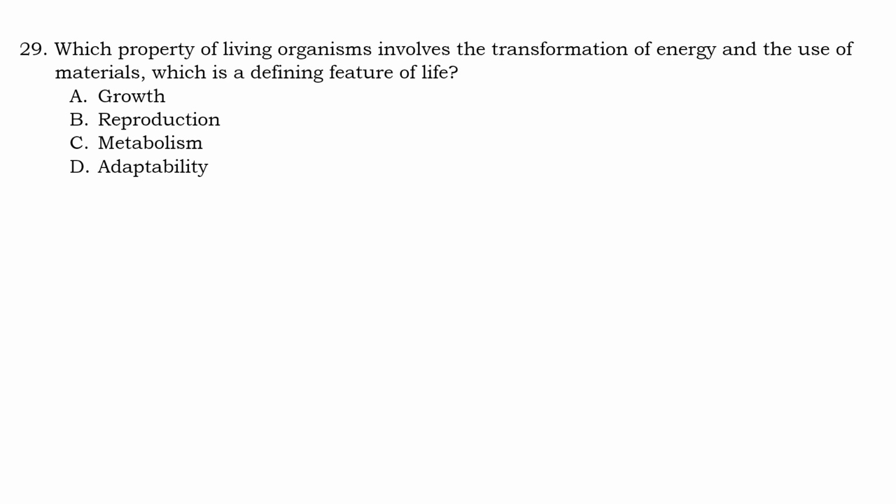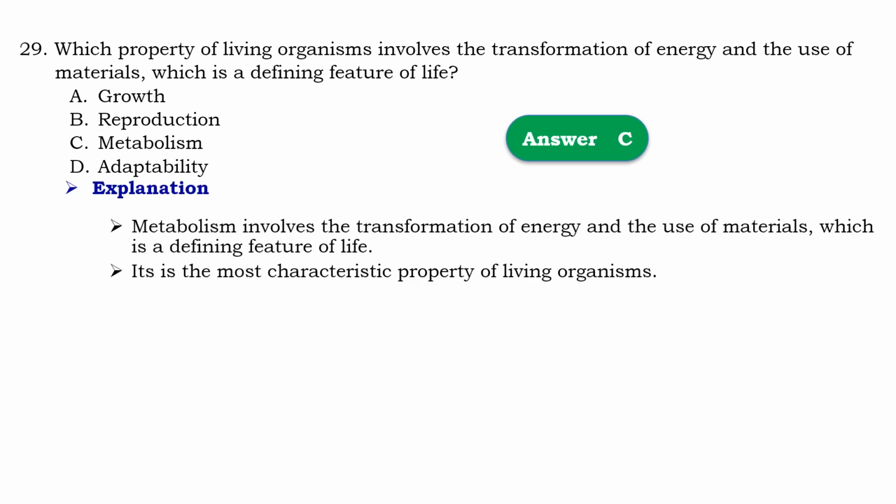Question number 29. Which property of living organisms involved the transformation of energy and the most use of materials which is defining the feature of life? ከመከተሉት ህይወት አላቸው property of living thing ነው ወይ ደግሞ ህይወት ካሉት ባህሪያት አንዱ ሆኖ ኢነርጂ የሚያመርትና የተለያዩ ማቴሪያሎችን ተጠቅመው ህይወት ከሚፈልጉ ሴሎች ወደ የሚፈልጉ የሚቀይረው የትኛው ነው ይላል so that should be C. Metabolism.